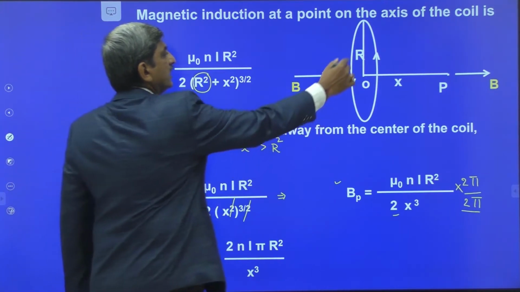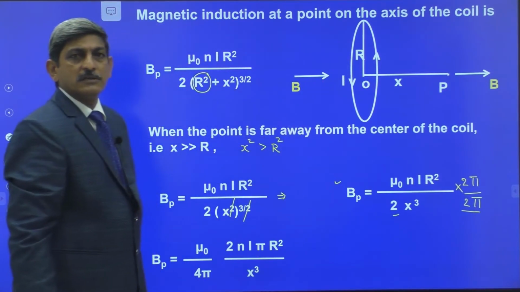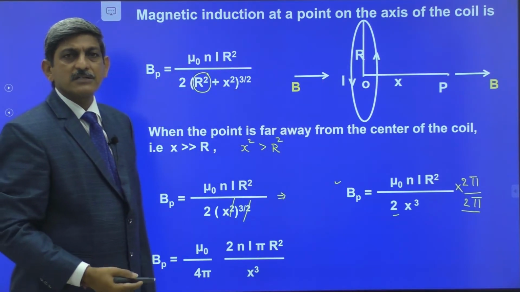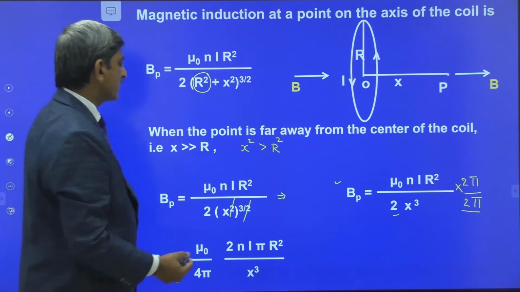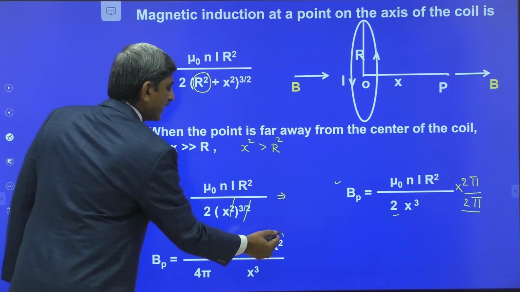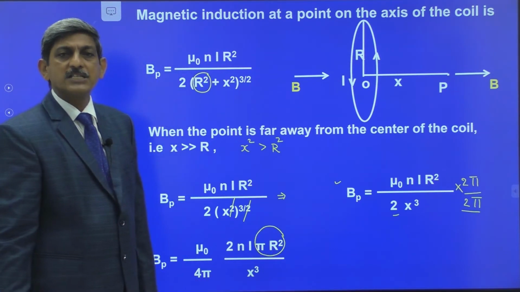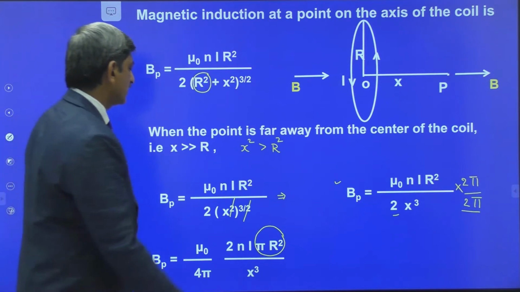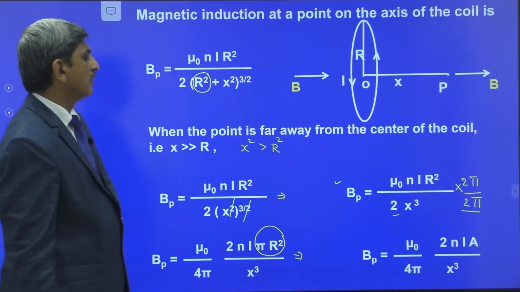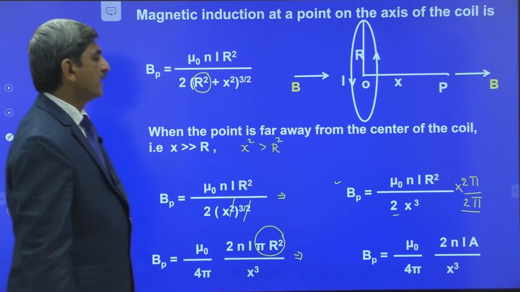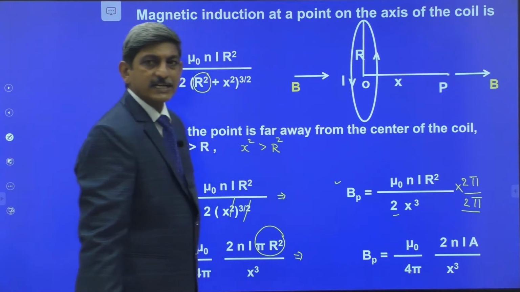Here already we know R is the radius of the coil. If R is the radius of the circular coil, then what is its area of cross section? The area of cross section is equal to pi R square. Now by substituting pi R square is equal to the area of cross section, this equation can be written as Bp is equal to mu naught by 4 pi into 2 N i A divided by x cube.